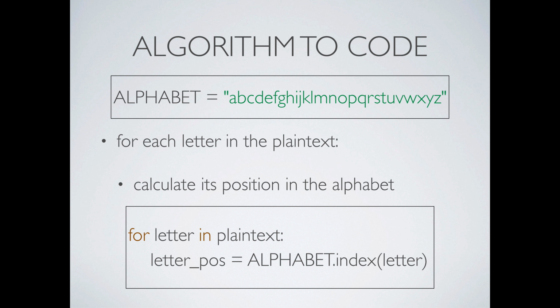We want to figure out the index of the letter in our alphabet. You can use this index method, and the way it works is you do alphabet.index, and then in parentheses, that's whatever character it's going to look for. And the string before the period, in this case the alphabet, is the bigger string that it's going to look inside of.